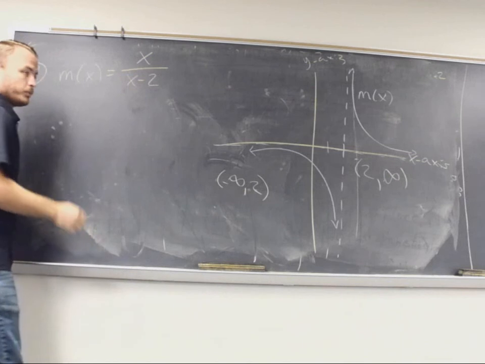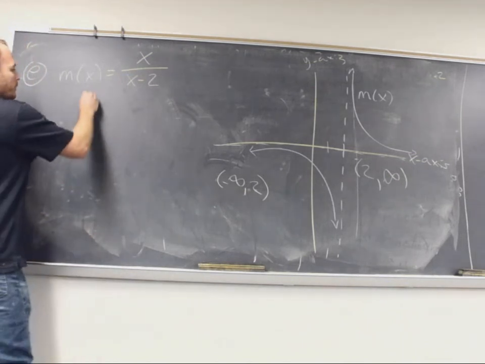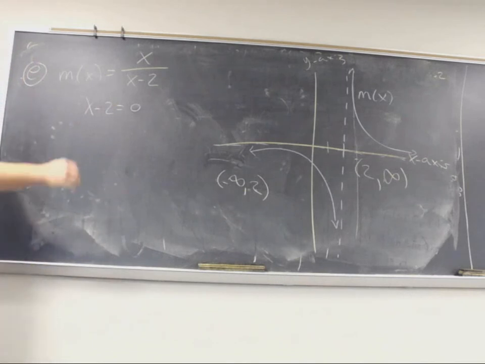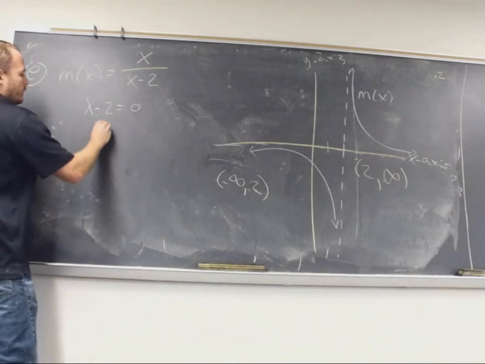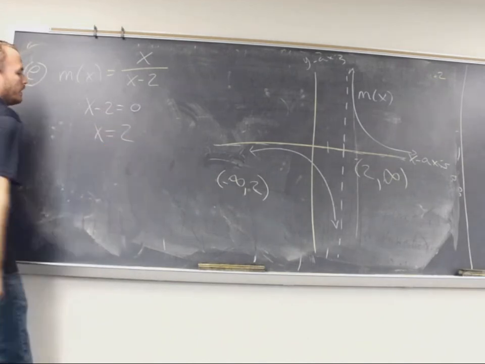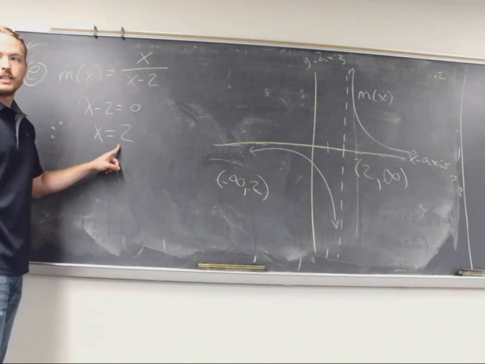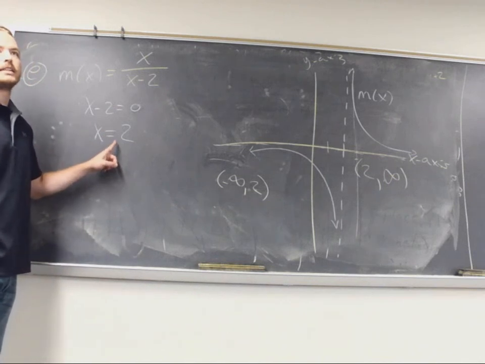So what we do is we find what that number is. We set the bottom equal to 0. And it works like this every time, as long as you have a fraction. Set the bottom equal to 0, solve for x, so add 2 on both sides. You get x is equal to 2. So what we just found, x equals 2, is what the domain is not.